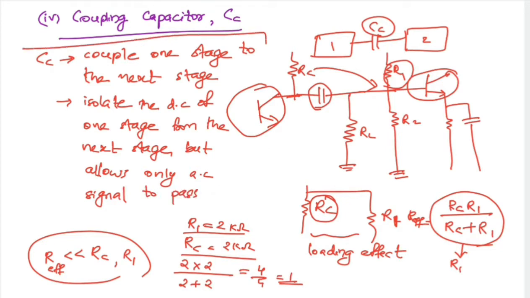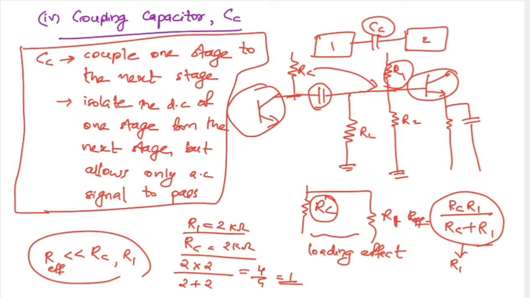So this is the role of CC. CC couples one stage of the transistor amplifier to the next stage, and it also isolates the DC conditions of one stage from the next stage, but allows only the AC signal to pass through it.